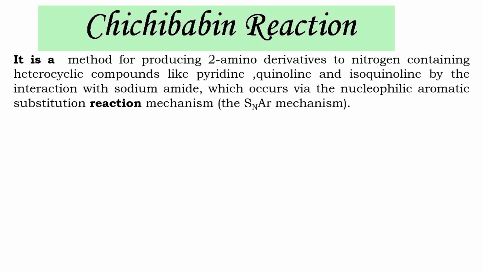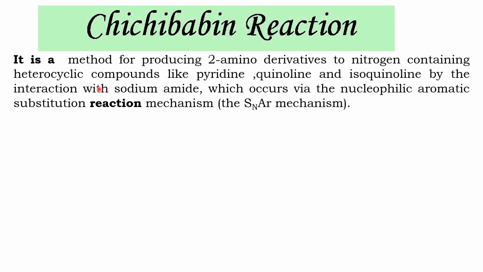Now move to Chichibabin reaction. You might have heard this reaction. I think so. So this reaction is to introduce amine group to the nitrogen containing heterocyclic compounds like pyridine, quinoline and isoquinoline using sodium amide as the reagent.